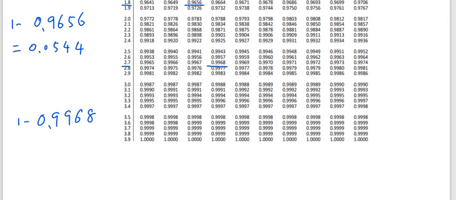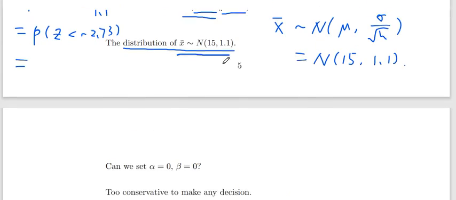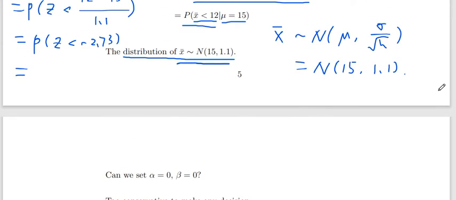So 1 minus, yeah, this equals 0.0032. So this 0.0032 is beta. Okay. So finally we find this equals 0.0032.